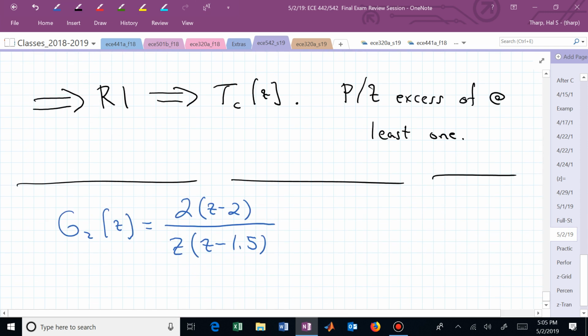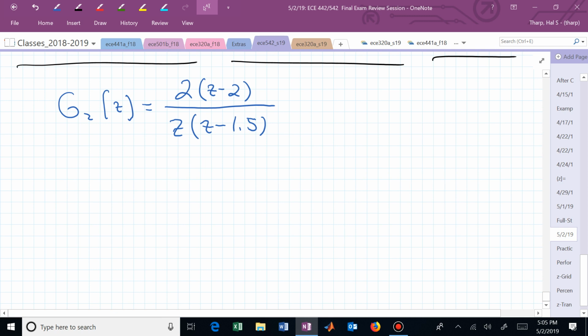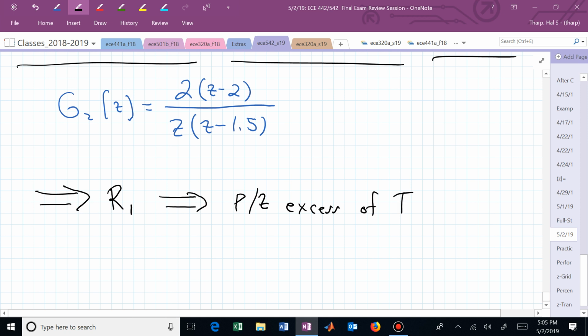What if I gave you a different starting transfer function and I said, okay, let's deal with this using the Ragazzini approach? Let's look at this one. What do we have to worry about here? What restrictions? So we need R1: the pole-zero excess of T sub c of z must be at least 1.